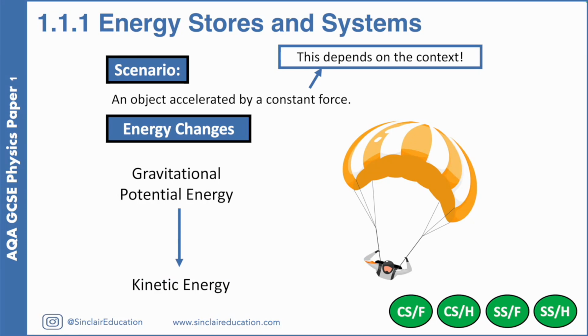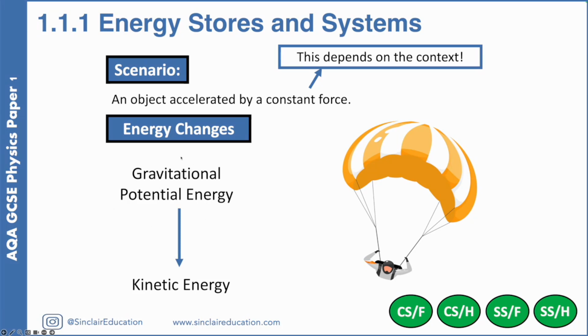And for a lot of the calculations that we use in this exam, we can assume that if we know the original GPE of the object, we can find its kinetic energy, assuming that all of that gravitational potential energy is transferred into kinetic. Now that's theoretical, because the reality is that when any object falls, there will be friction, and a little bit of that energy, if not a lot of it, might be dissipated and transferred as thermal energy instead.